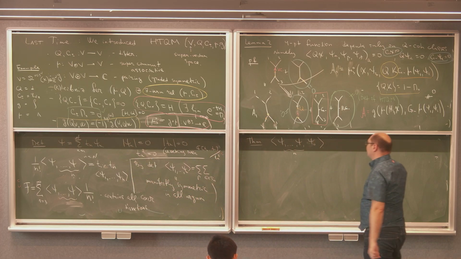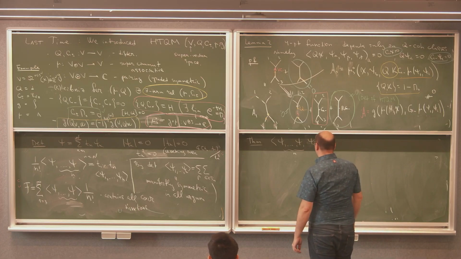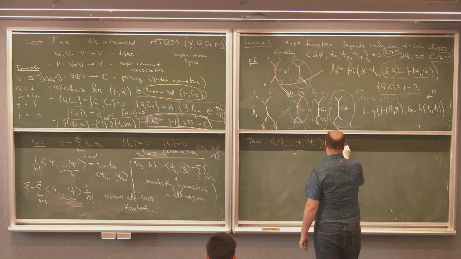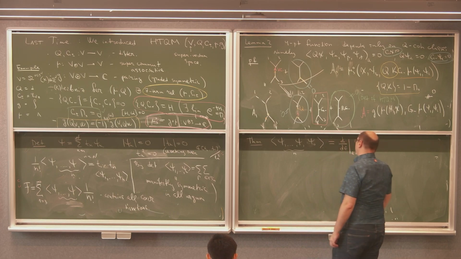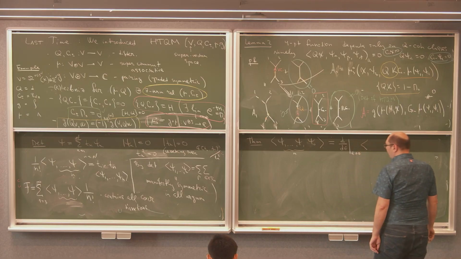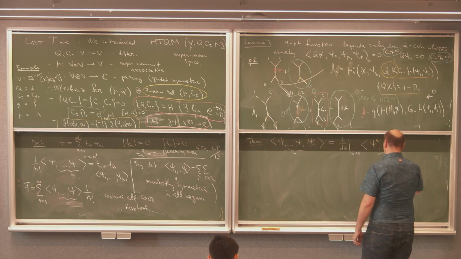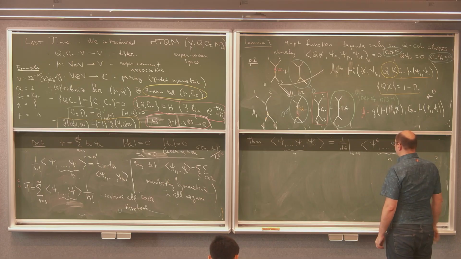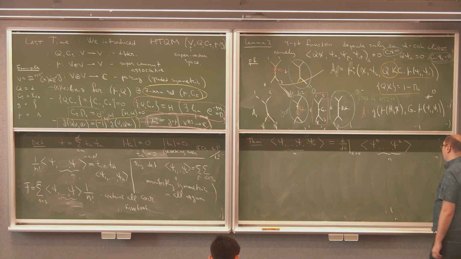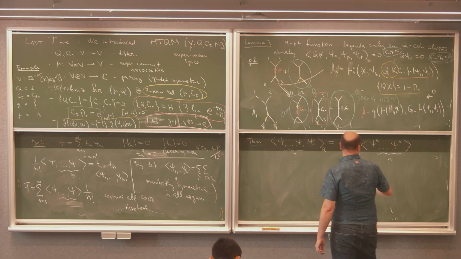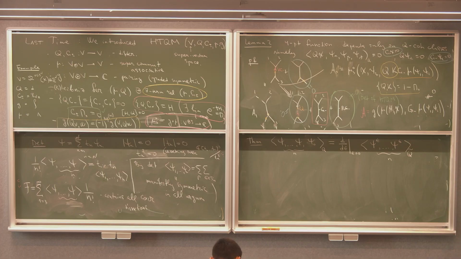Then this object is equal to the following thing: d over d epsilon at epsilon equal to 0 of the n-point function of some deformed states, psi epsilon, in a deformed HTQM. So this theorem has this form.